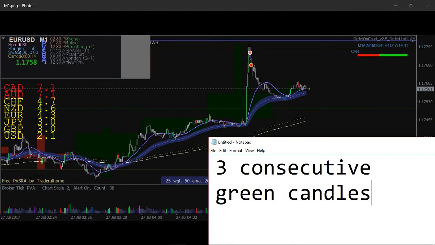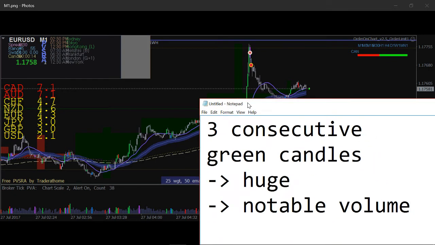So they were huge and they had notable volume. So I got three consecutive green candles. They were huge and they had notable volume.